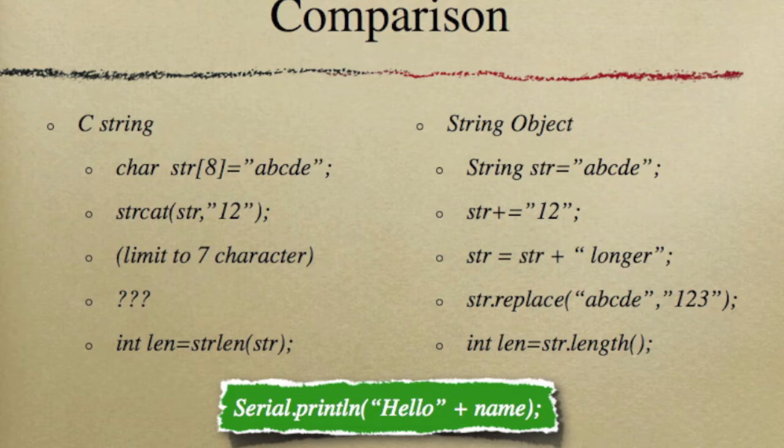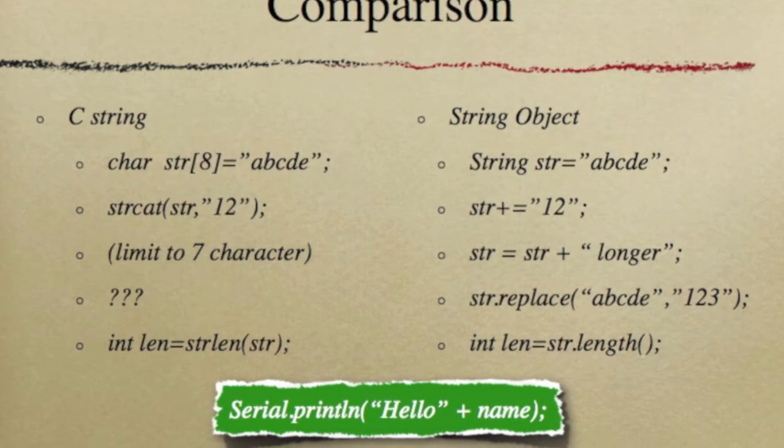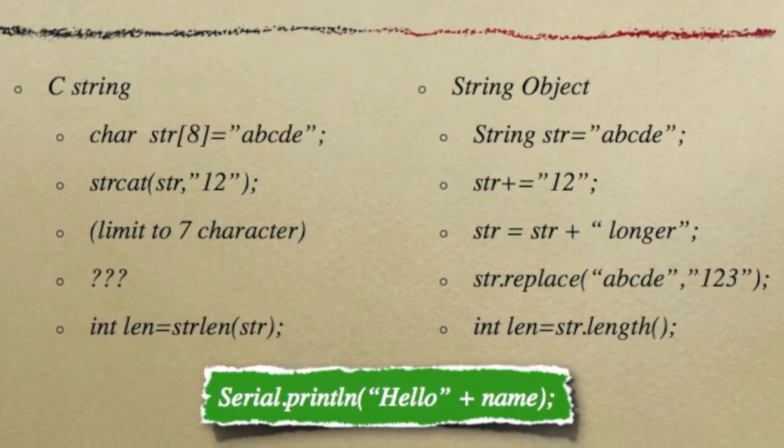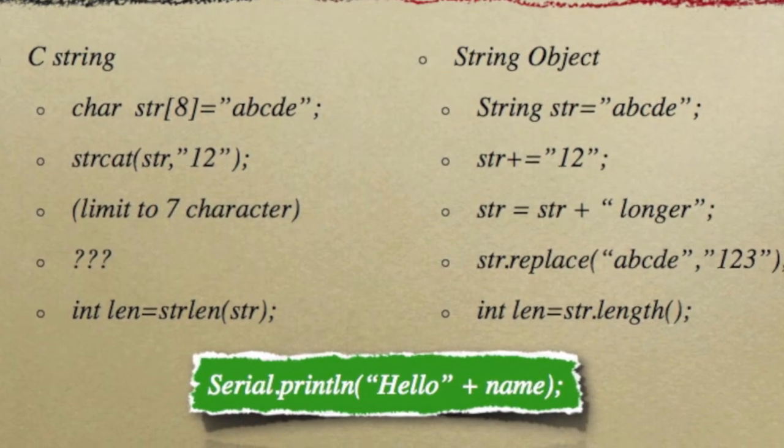But with Arduino string objects, you can just use the equal sign to do the comparison. Right? And if you want to see the length of the string, well, for C string, you may have to do manual measurement, like look for the null terminator, but the string object has already provided the method length for you. You can just use it.